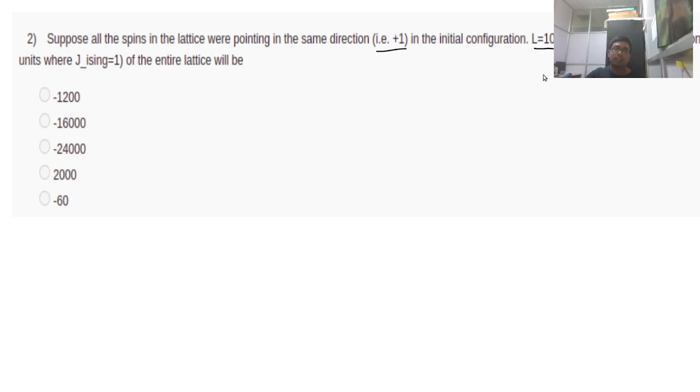So I think in this question this L should be taken as 20, and that will give you the correct answer. I don't know about this year's assignment, but I think there will be some fault in this assignment. So let's move on to the coding part and understand what I can do.